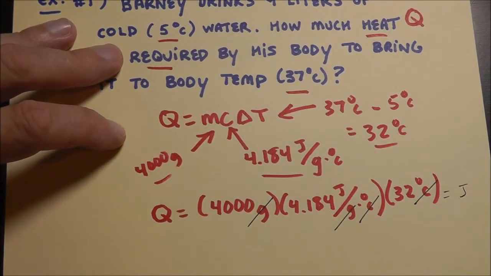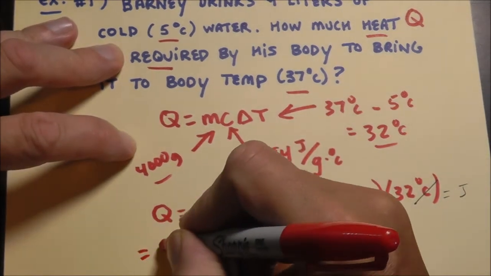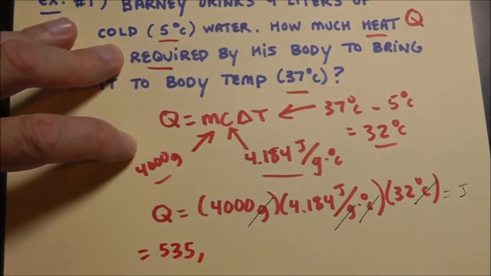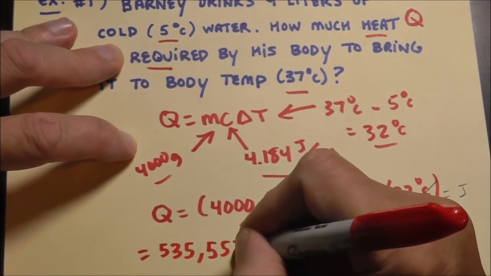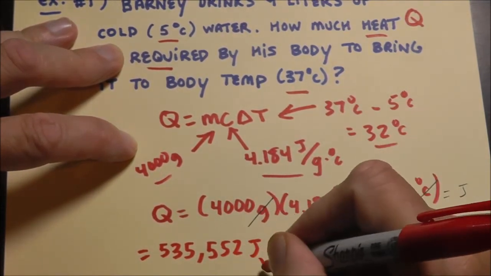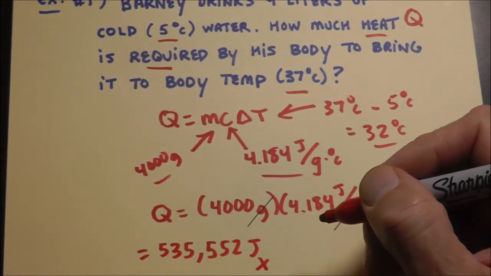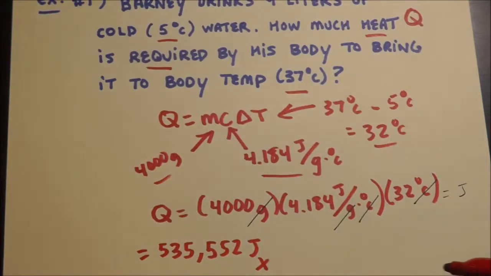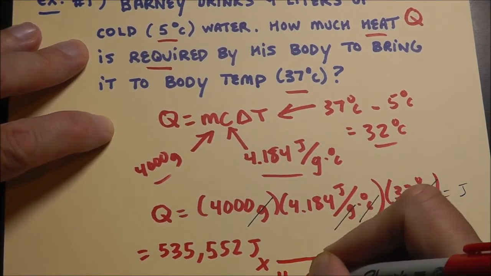So it is 535,552 joules. Now, as we stated before, if we want to convert to calories, there's 4.184 joules in a calorie.